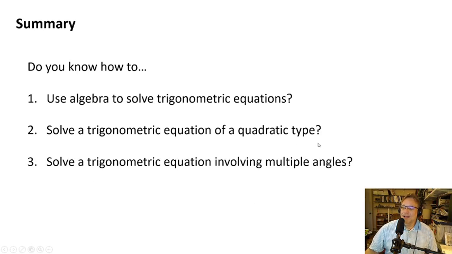And then third, near the end, we did some trigonometric equations that involved not tangent of t, but tangent of 3t, where after we solved the trigonometric part, we just had to divide both sides by 3 in order to get our final answer.